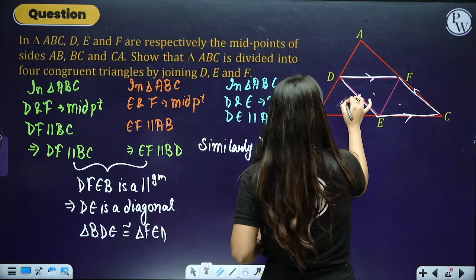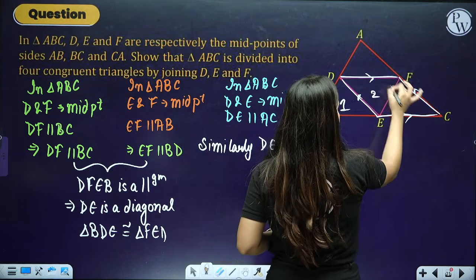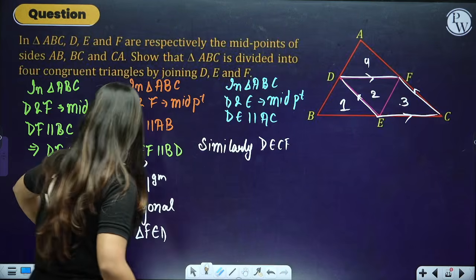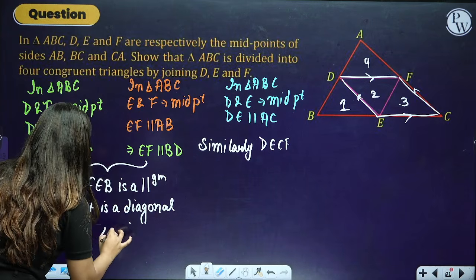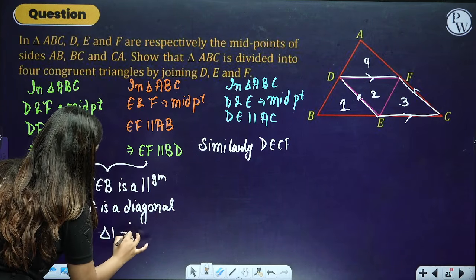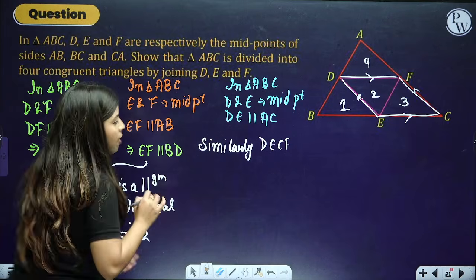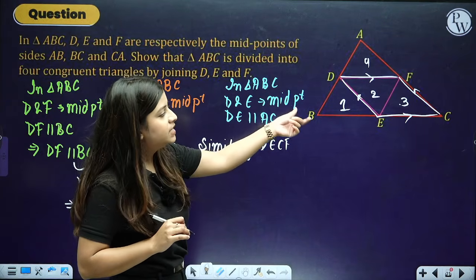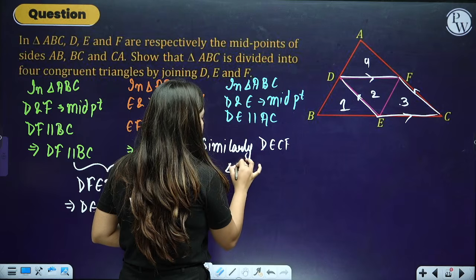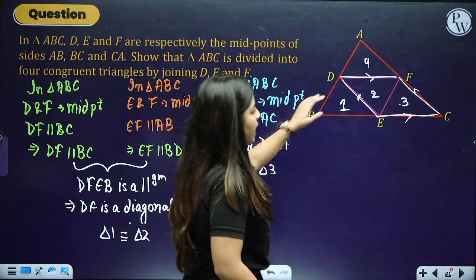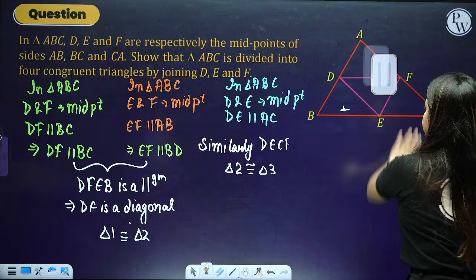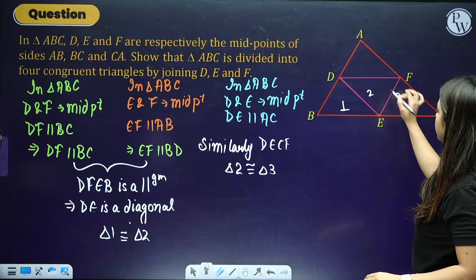Let me name this: this is triangle 1, this is 2, this is 3 and this is 4. So triangle 1 is congruent to triangle 2, and since DECF is also a parallelogram, triangle 2 is congruent to triangle 3.